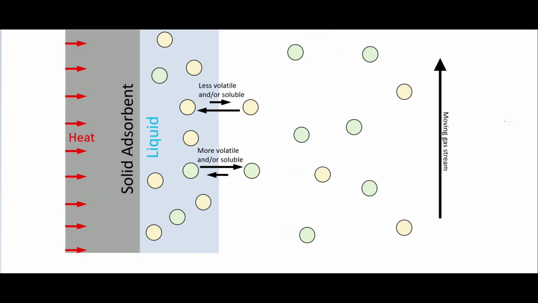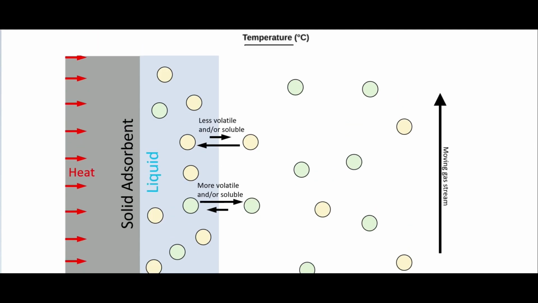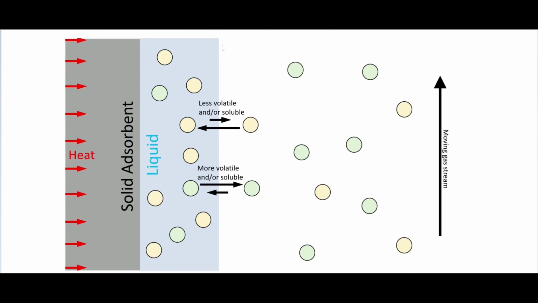All right, so what we are doing inside the column, so this is sort of a look inside the column, where the liquid here is our stationary phase. This is what it's adhered to, and we have heat coming in from the oven outside of this. And so we want to equilibrate our compounds here with the liquid.